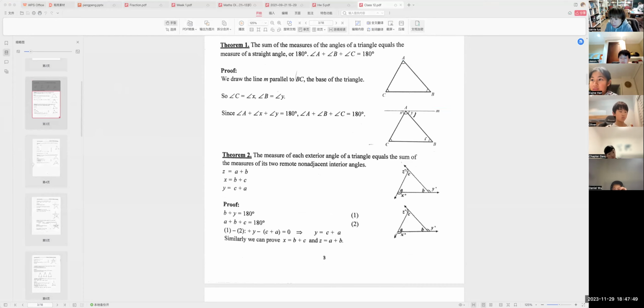If you have 3 inside angles, you have 3 outside angles. This angle exactly equals the sum of the other 2 non-adjacent interior angles. Why? Because you can see y equals 180 minus b, correct? And that's why y also equals a plus c, because 180 minus b also equals a plus c.